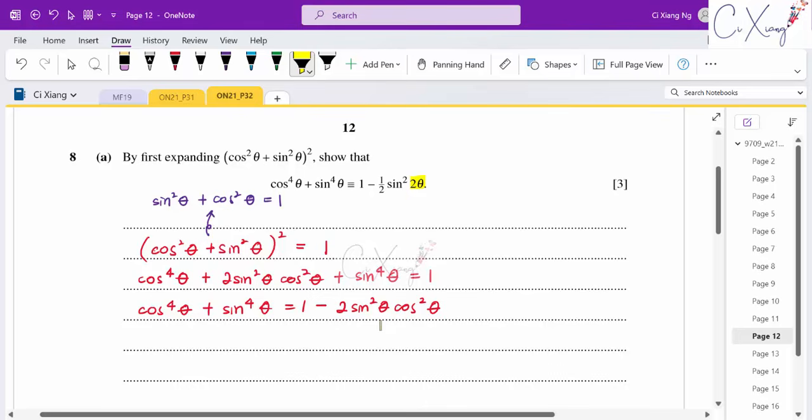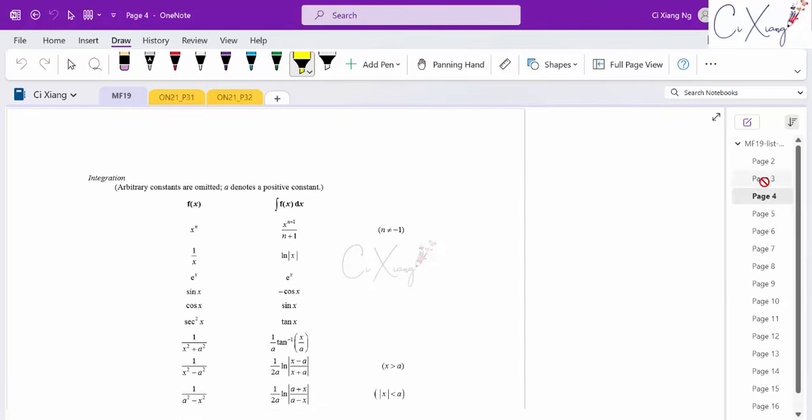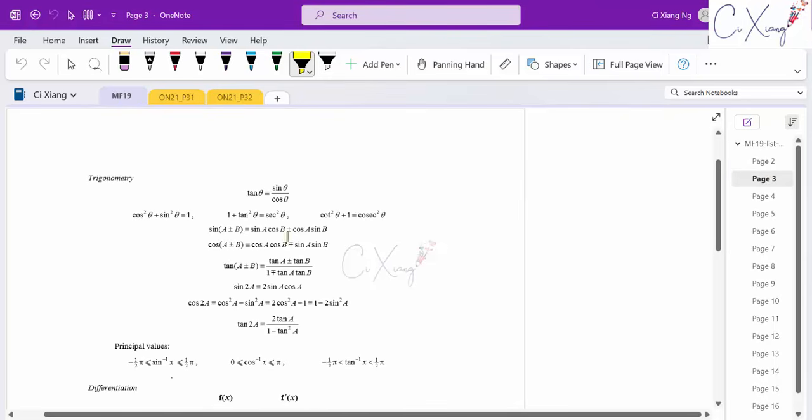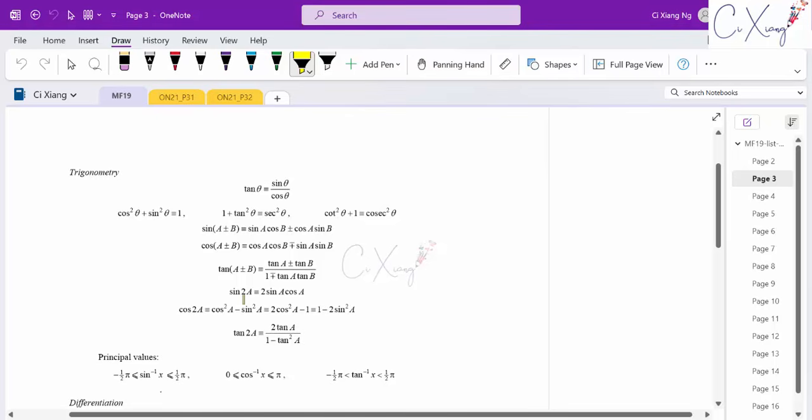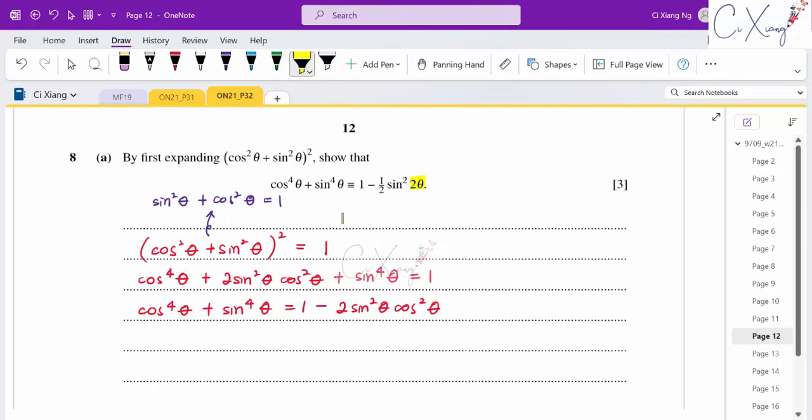Okay, so how can I change the sine theta and cos theta? So you have to apply the double angle formula in a reverse way. Just in case you forget about the double angle formula, you can refer to the MF19 booklet. The double angle formula is actually here. So we are typically referring to this one, sine 2A equals to 2 sine A cos A. Okay, all right, so now, how can I substitute it?